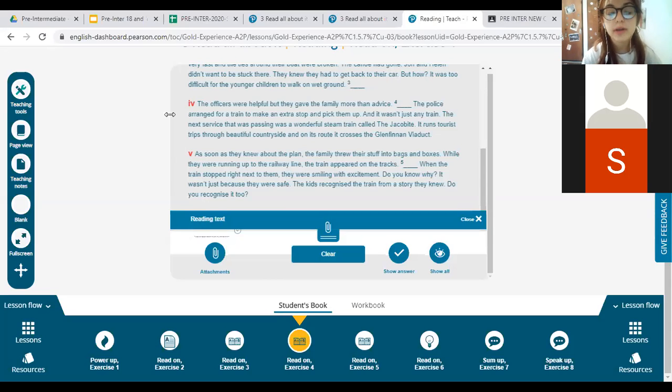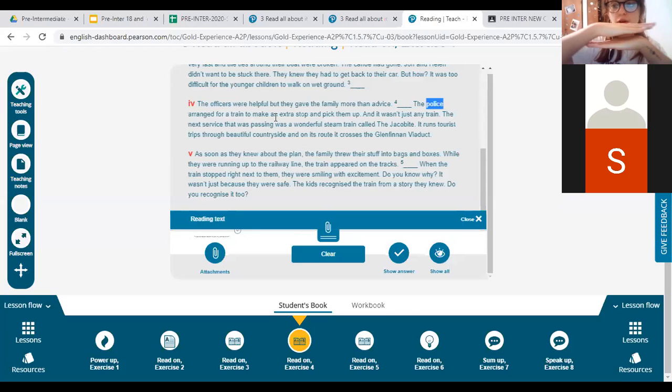Very good. So now we have a solution. What happened? We have officers and the police. What did they do? They made an arrangement, so they make a phone call or something like that for a train. So you know that trains go on the railway and they make stops.